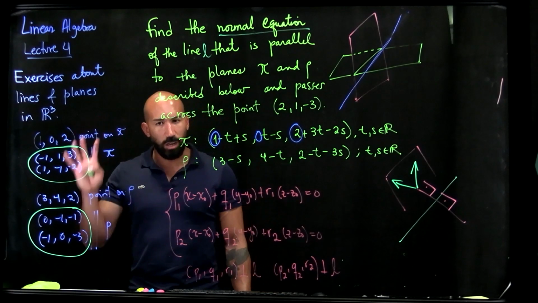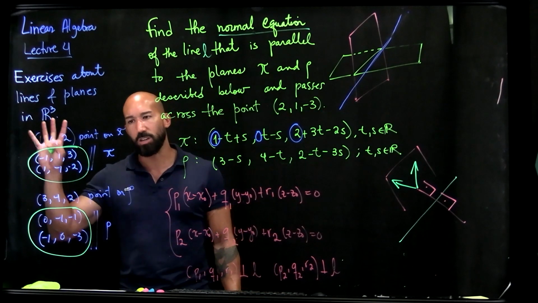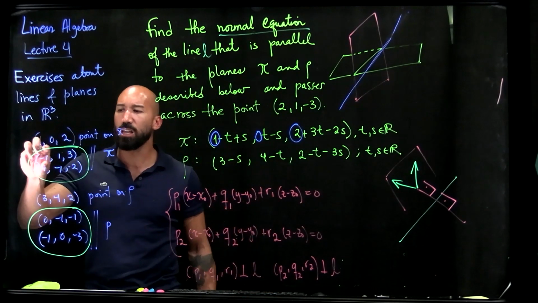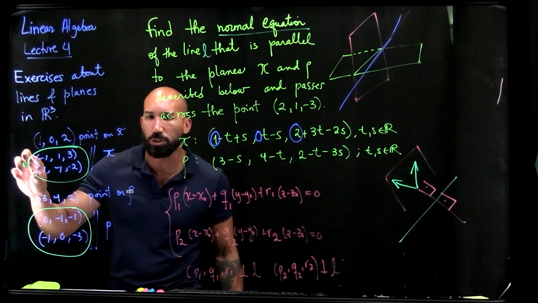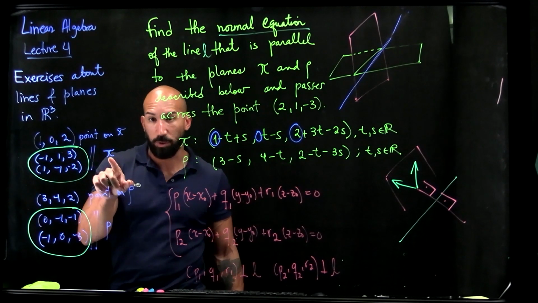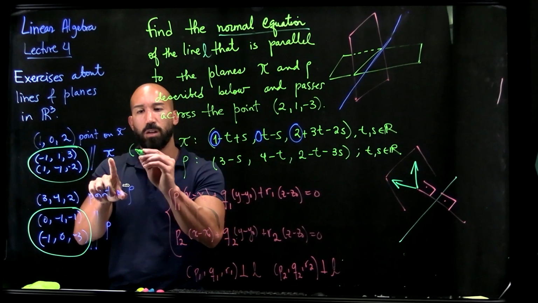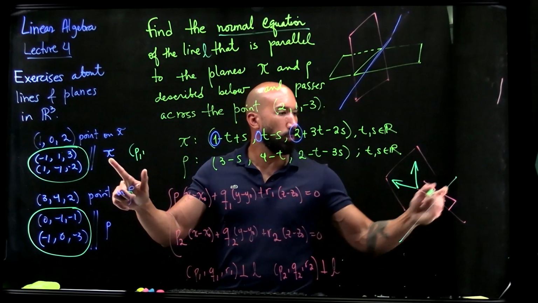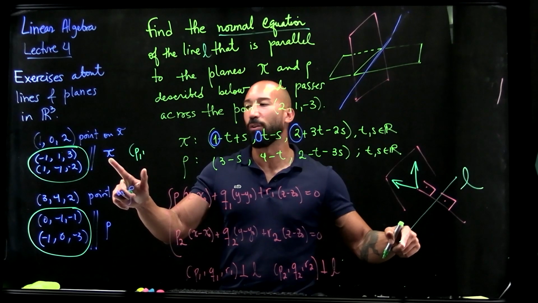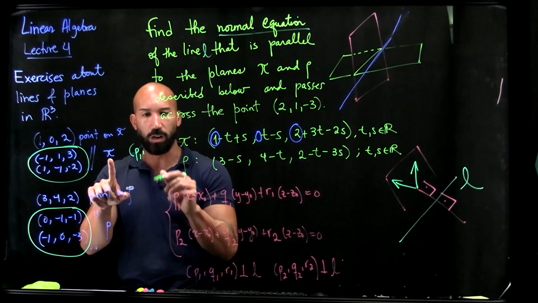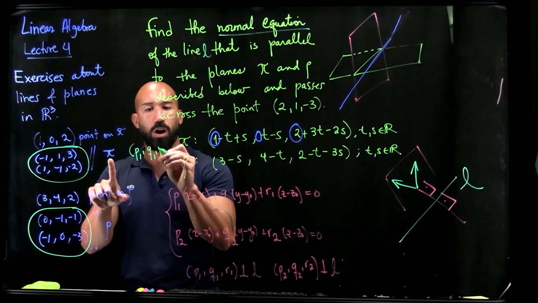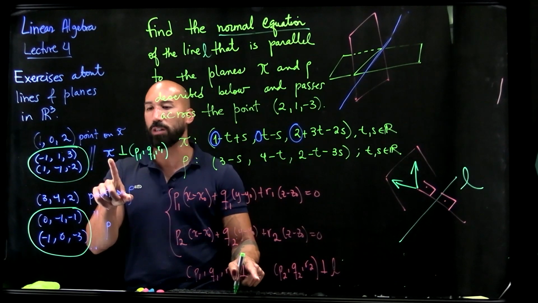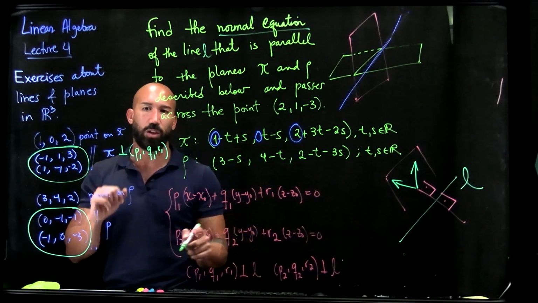So the technique that we are going to be using in this course is the one that we used before. Okay? So again, if we find a vector that is orthogonal to these two, that vector is going to be orthogonal to pi. But if a vector is orthogonal to pi, that vector is going to be orthogonal to L. So P1, Q1, R1, that is the first vector orthogonal to L that we need, is orthogonal to pi.